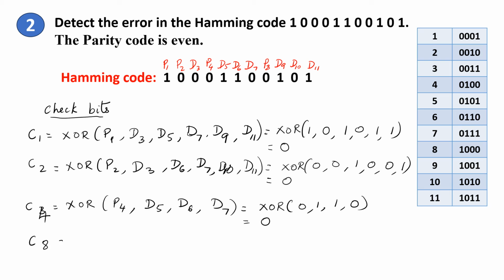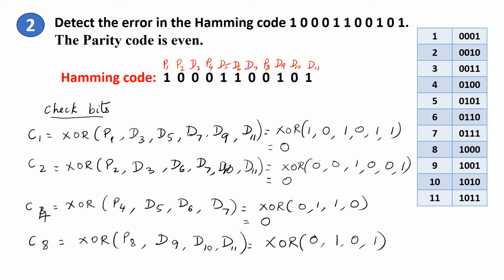Next is C8, XOR of P8 comma. In the table the data bits having 1 in the fourth position are D9, D10 and D11. That is equal to XOR of P8 is 0, then 1, 0, 1, so even number of 1s, output is 0. So all C1, C2, C4, C8 are 0.